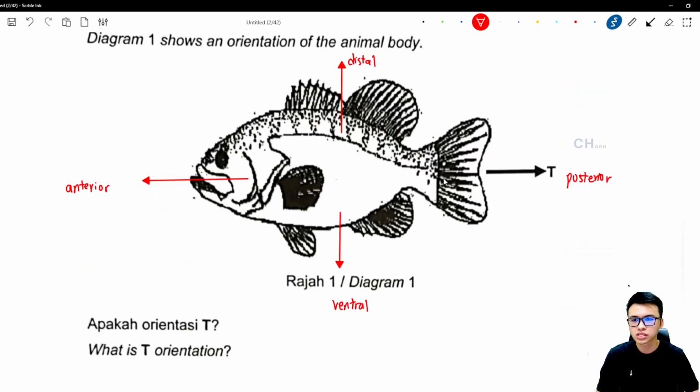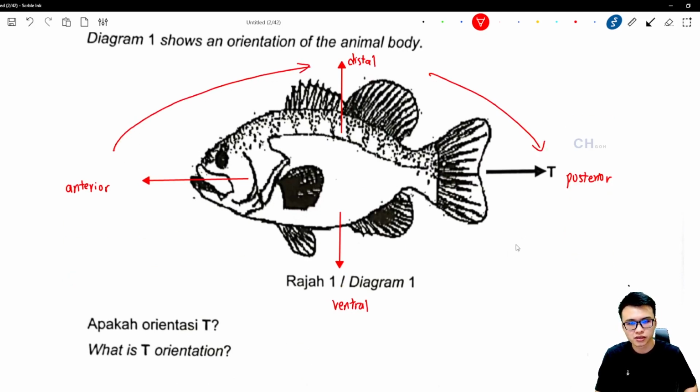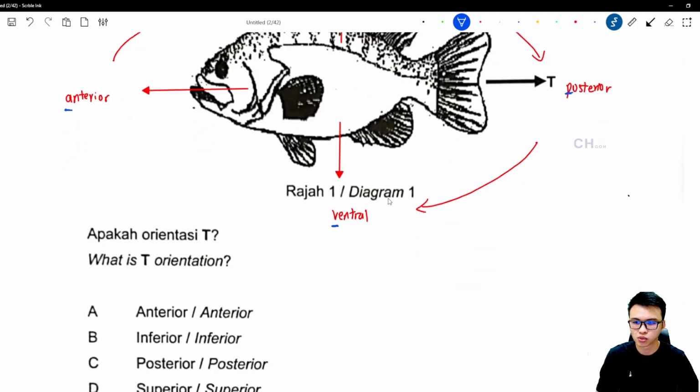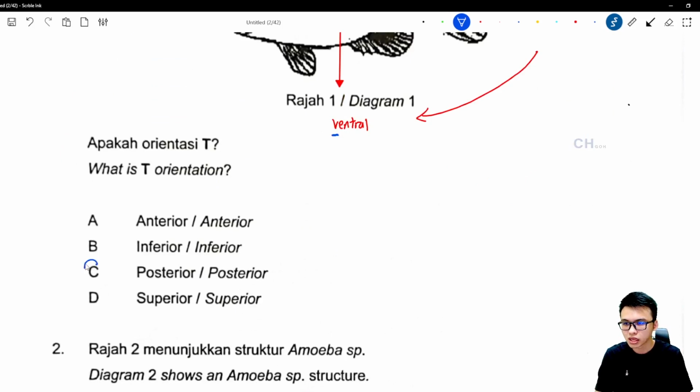Okay, so we always start from the head and then we go clockwise, and you realize that it always follows the sequence A, D, P, and then the last one is V. So T, this answer should be posterior. Answer should be C for question 1.